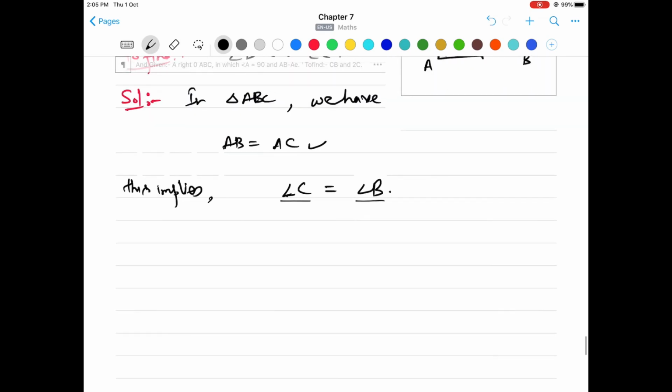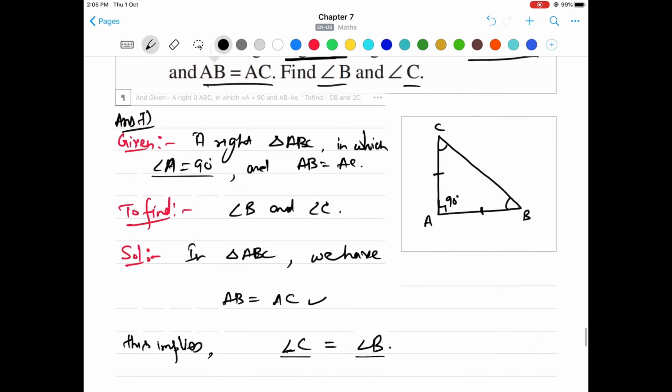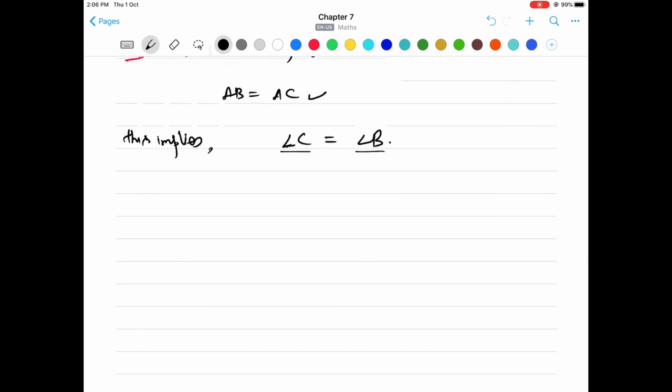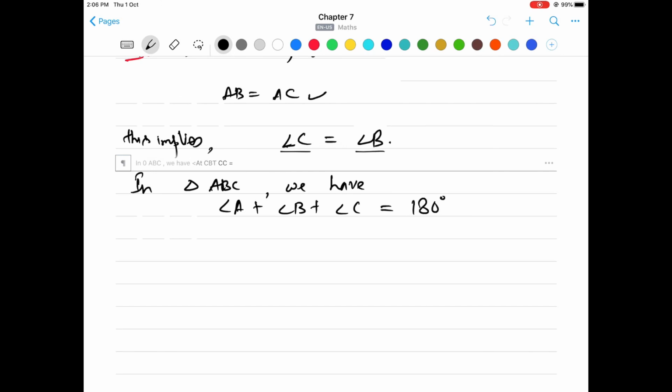Now we'll apply the angle sum property in triangle ABC. In triangle ABC we have that angle A plus angle B plus angle C has to be equal to 180 degrees, because the sum of all three angles of a triangle is 180 degrees, which is the angle sum property of a triangle. Angle A is given as 90, and we have got here that angle B and angle C are equal.